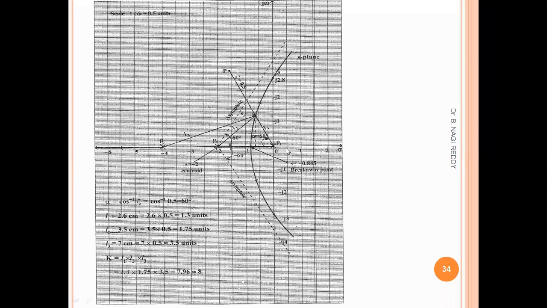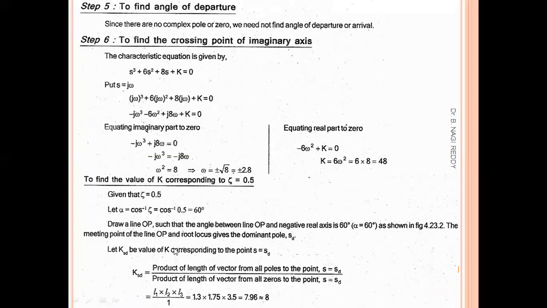That will be our length 1. Pole 2 to SD, measure how many centimeters there are; that is length 2. From pole 3 we will get length 3. Check the number of centimeters between pole 3 and SD. So L1, L2 and L3 are the lengths between the poles and this SD point.